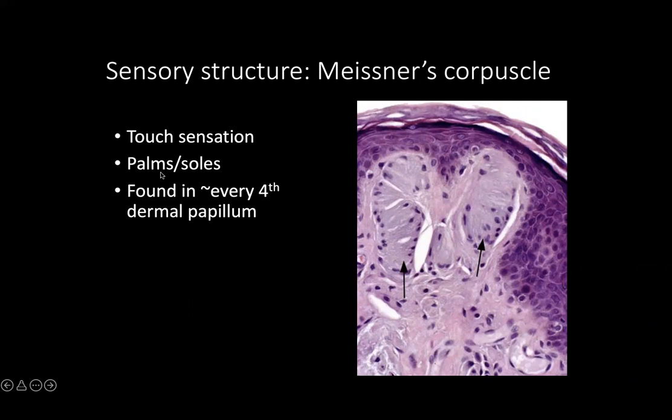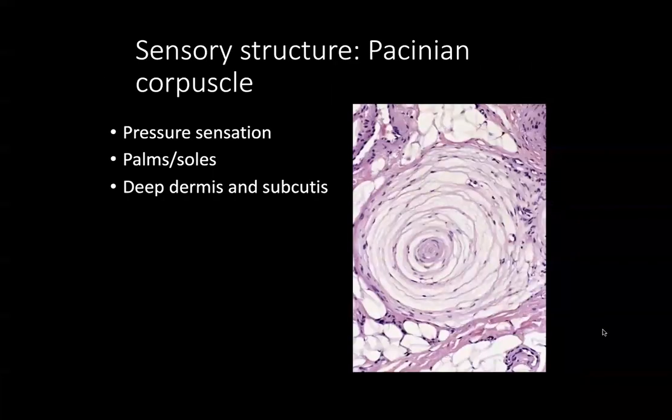These are heavily concentrated in the palms and soles region. So if you touch your palm and you touch your sole, you're going to feel that sensation, and that's the Meissner's corpuscles working.